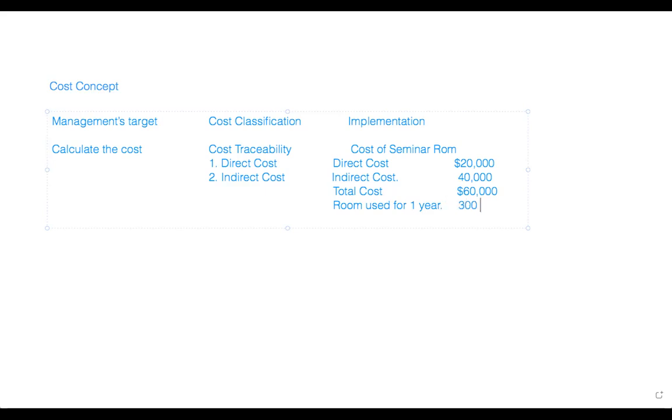So how can we calculate the cost of the seminar room per day?